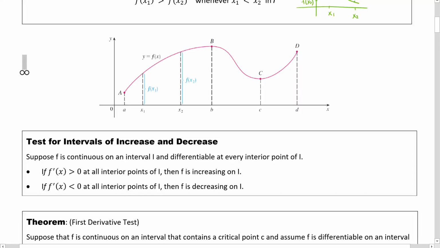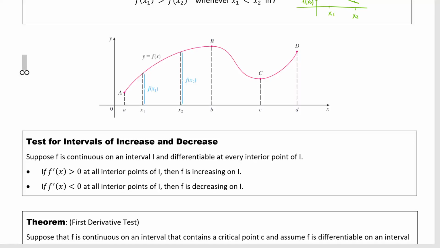You can see here the function is increasing from point A to point B, and it's decreasing from B to C, and then it's increasing from C to D. So if the function is going up, then it's increasing. If the function is going down, then it's decreasing.